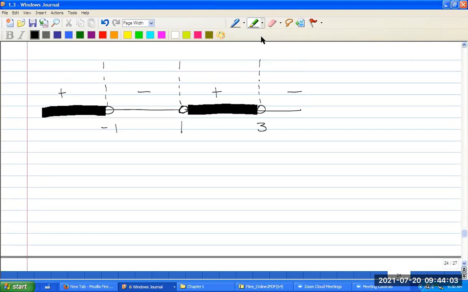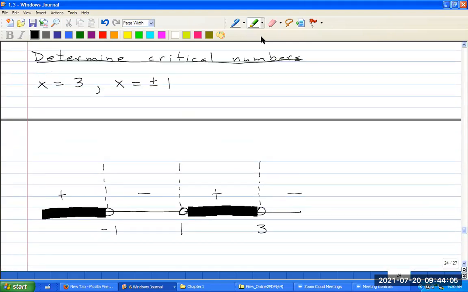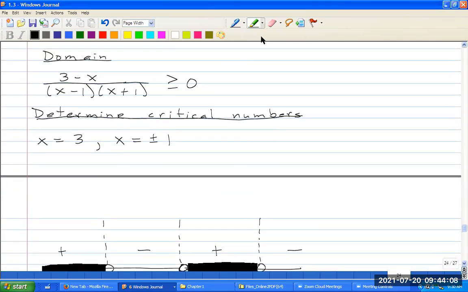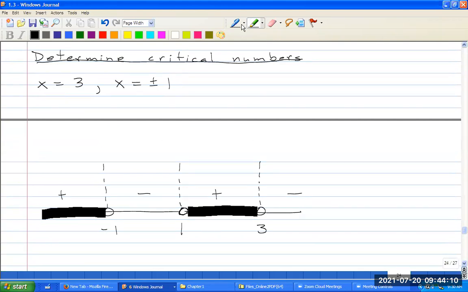I want greater than or equal to 0, but I don't want to divide by 0. So note that you're dividing by 0 here. So at these critical numbers, plus or minus 1, you're actually dividing by 0.